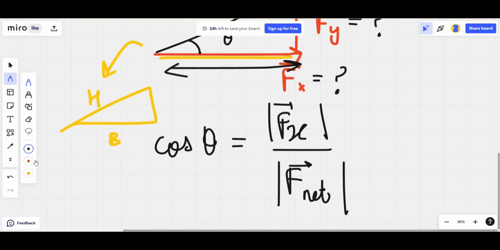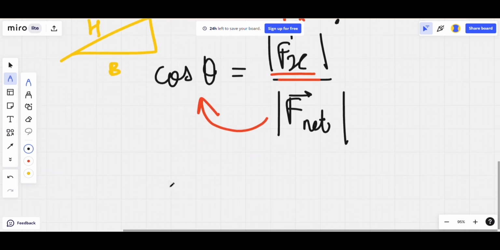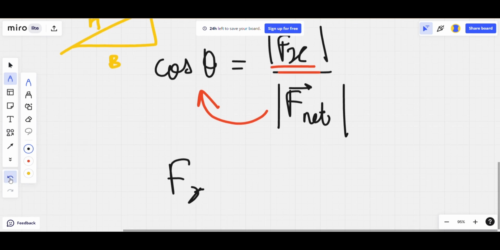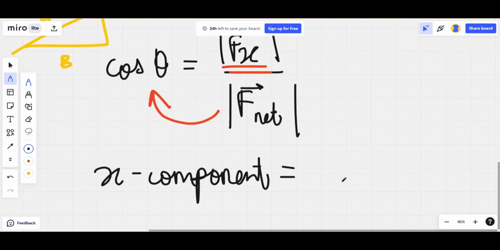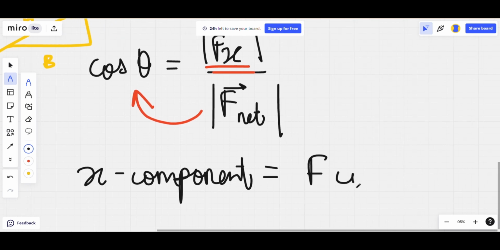So now if we just move F net here, we have the value of the x component of the net force, which is nothing but: x component equals F net cos theta.